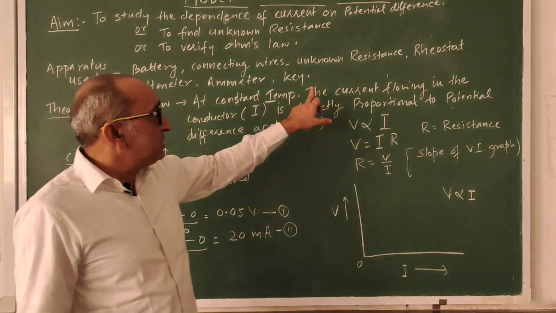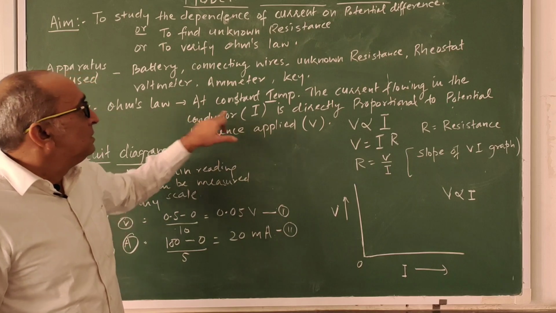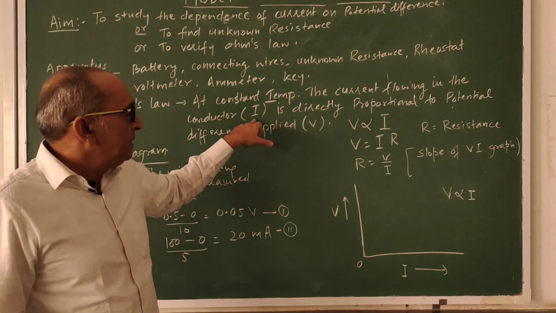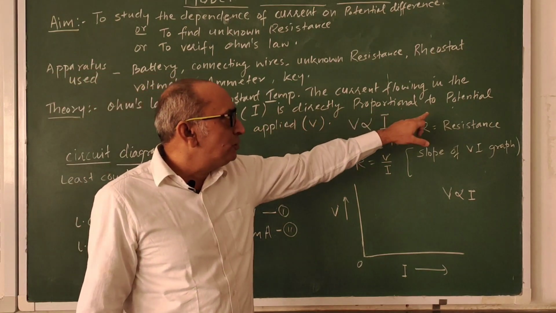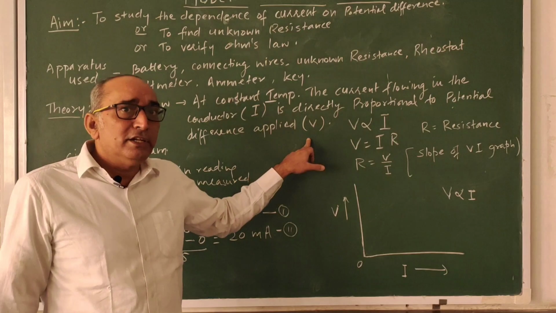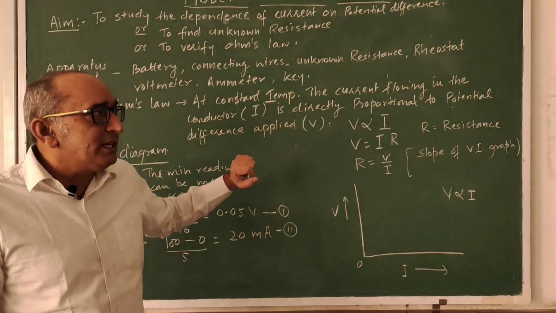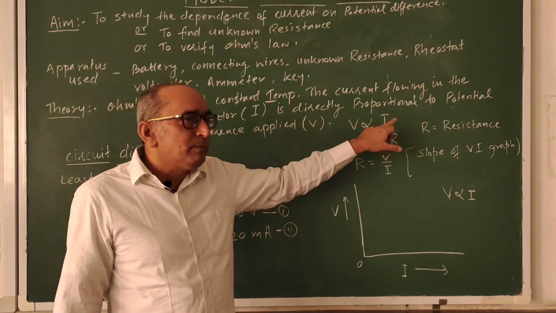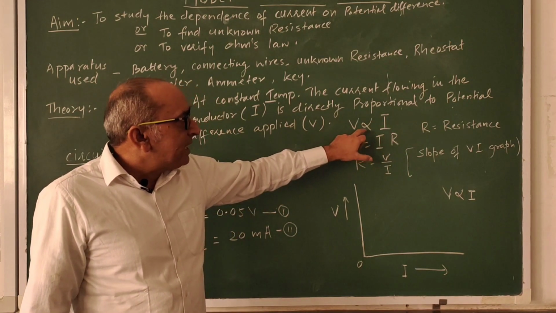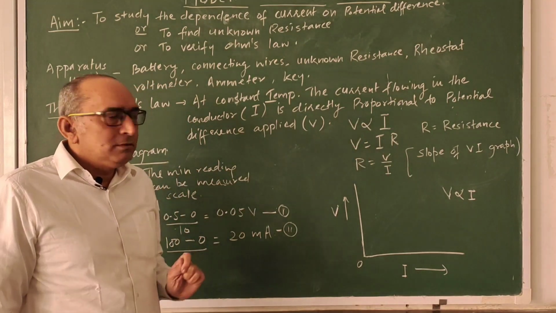At constant temperature, the current flowing in the conductor, that is I, current is denoted by I, is directly proportional to potential difference applied, which is denoted by V. Mathematically, this statement can be written as V directly proportional to I. When you remove this sign of proportionality, you have to provide a constant.